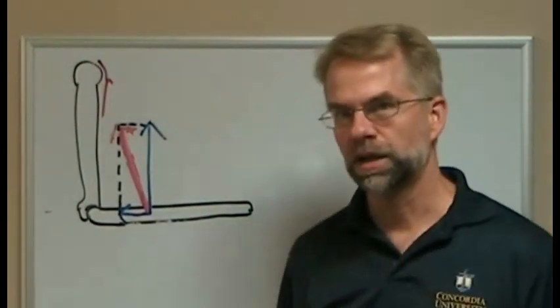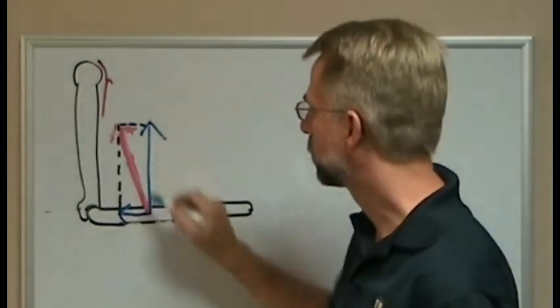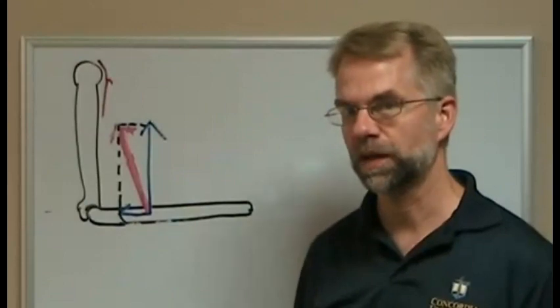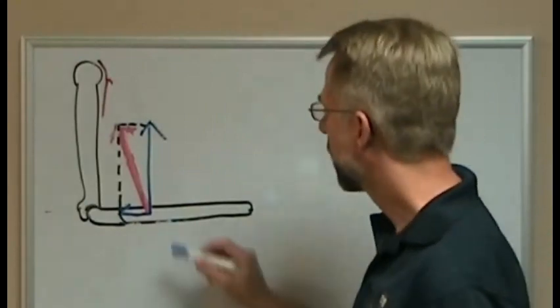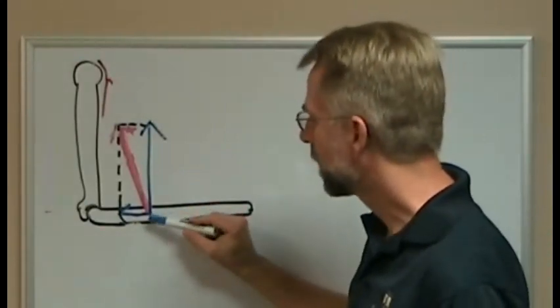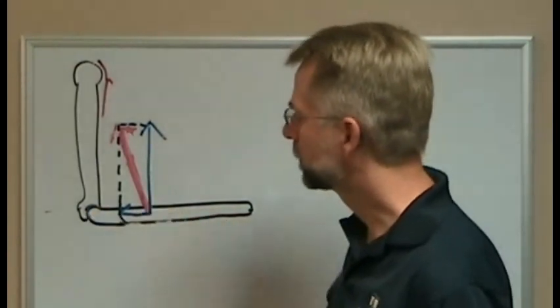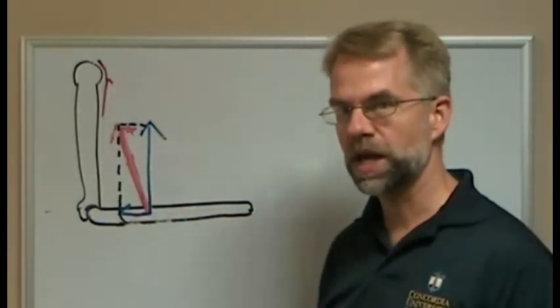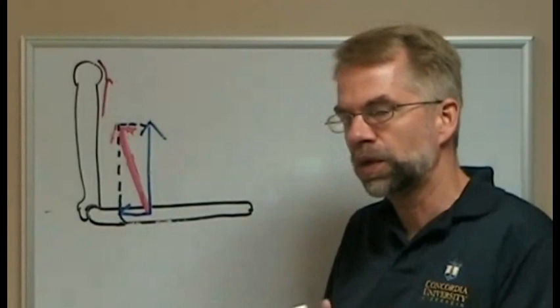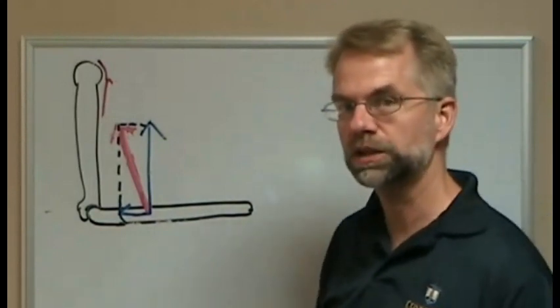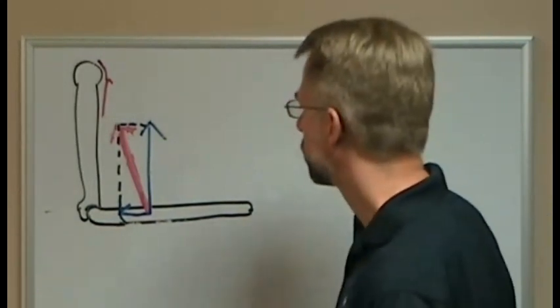That's one product of this muscle force, but there's another product of that muscle force as well, and that is that you actually get either joint compression or joint distraction. So the joint either gets loaded or unloaded as a result of this muscle force.